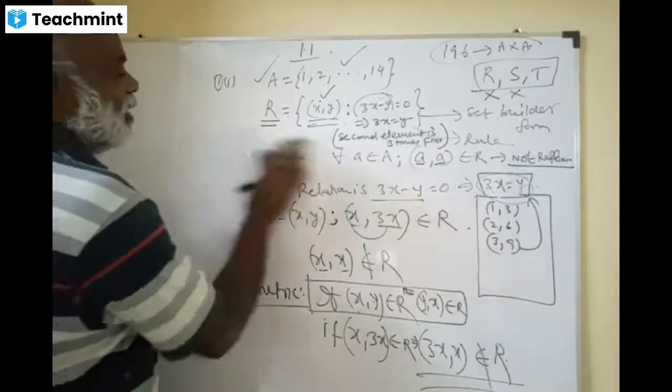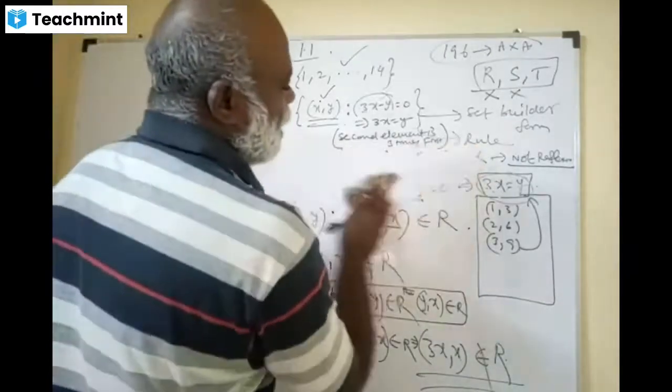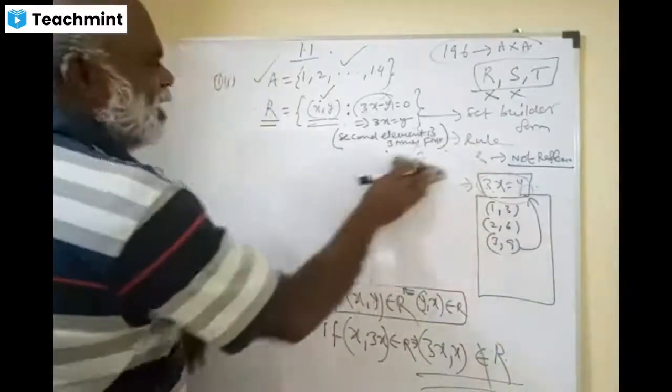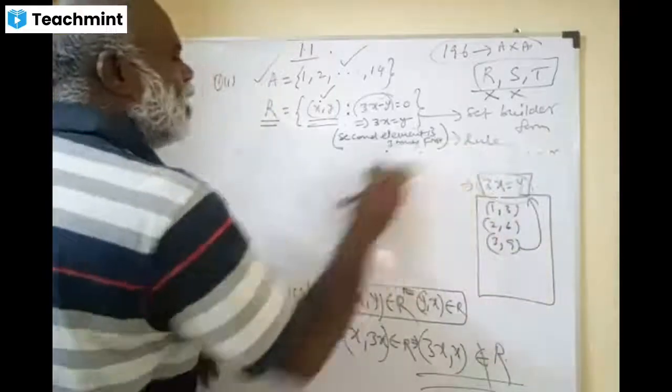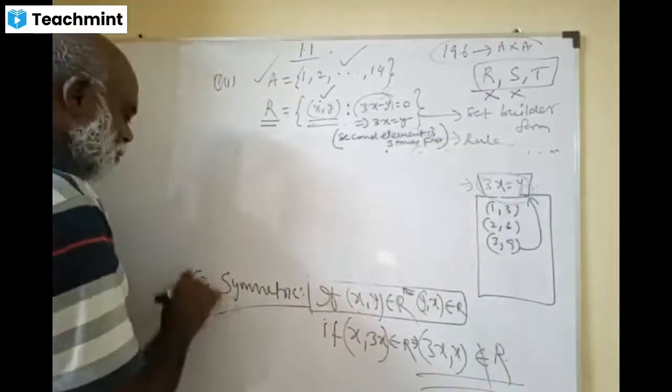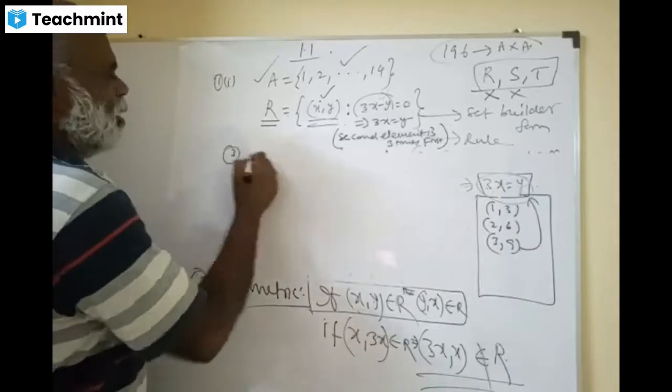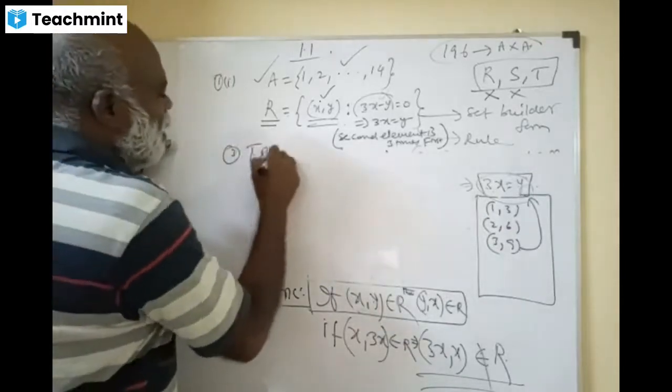Now, the third one is called a transitive relation. Transitive is defined by a procedure which you follow every time. The biggest problem is the procedure. What is the procedure for a transitive relation?